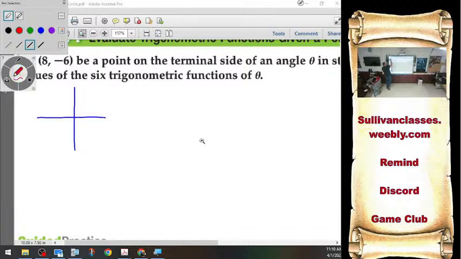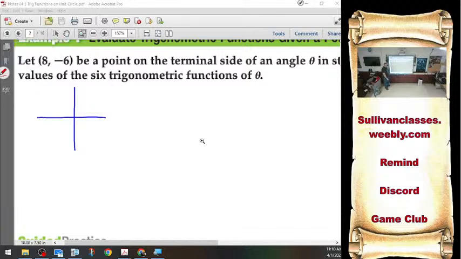I'm going to erase this later because I don't need to do it. Where is the coordinate 8, -6? Quadrant 1, 2, 3, 4. It's in 4. Go 8 this way, 6 that way. Okay, so there's 8, -6. This is my coordinate, 8, -6.